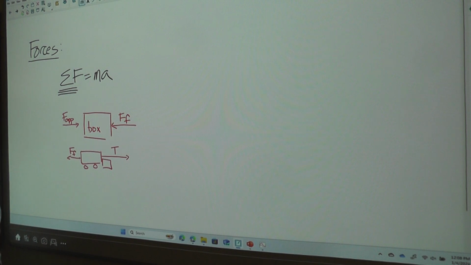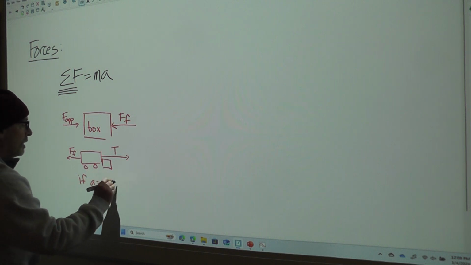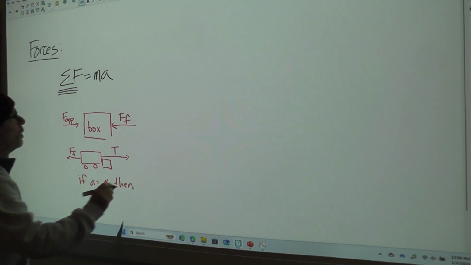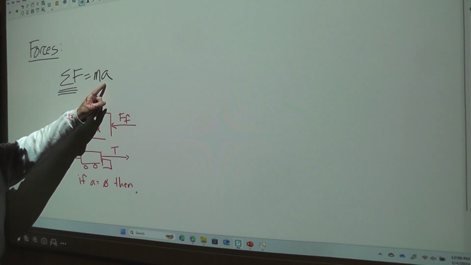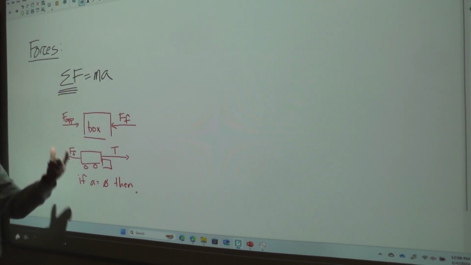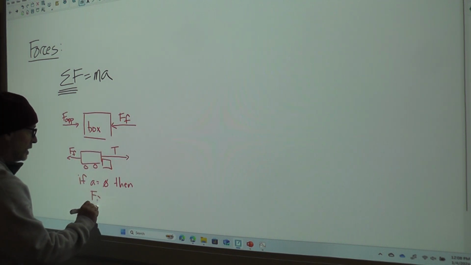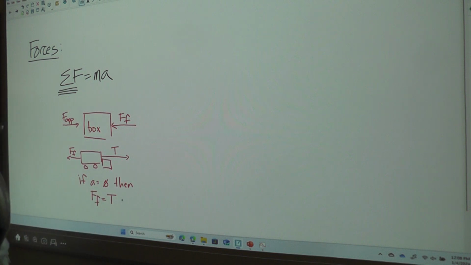This was a little more complicated because it's not a simulation, but we said, okay, if we make sure that acceleration is 0, then because of this equation, the sum of forces has to be 0. That means these two things have to be equal to each other, so the force of friction is equal to the tension in the string.